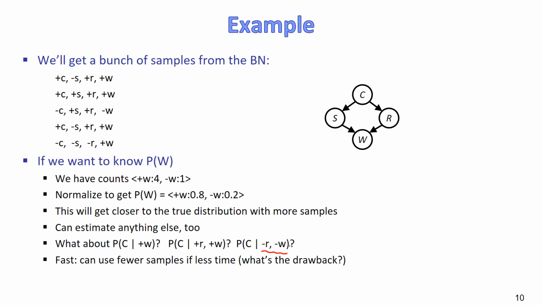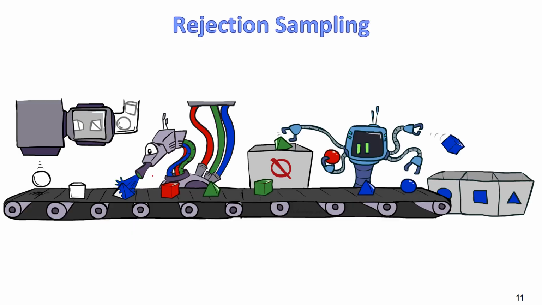So something like this probability cannot be estimated given these samples, simply because that evidence, minus R and minus W, didn't appear at all in the samples. So that's a drawback for prior sampling.